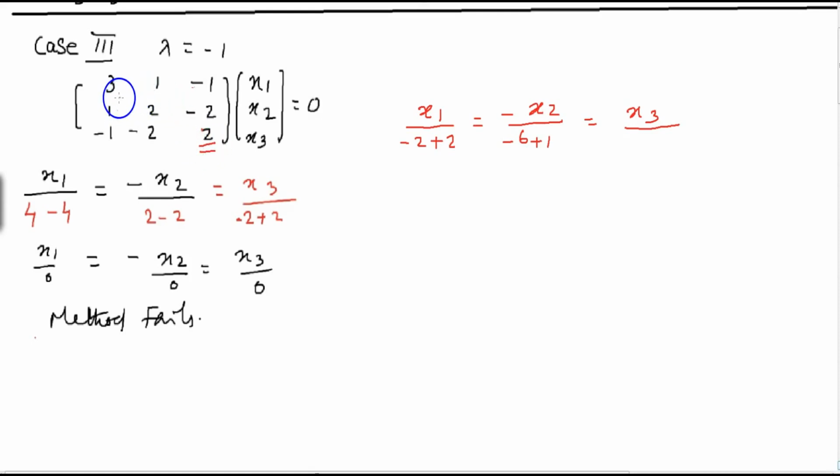Here the minor of a33 is 3, 1, 1, 2, and after cross multiplying we get 6 minus 1, which is equal to x1 by 0 equal to x2 by 5, x3 by 5.